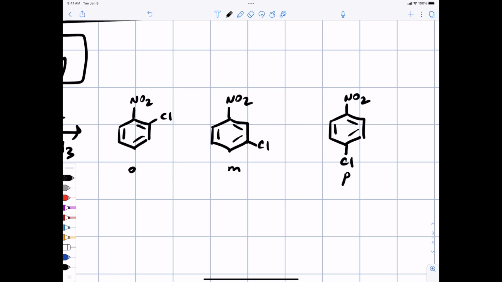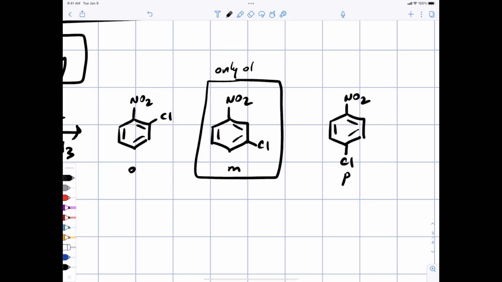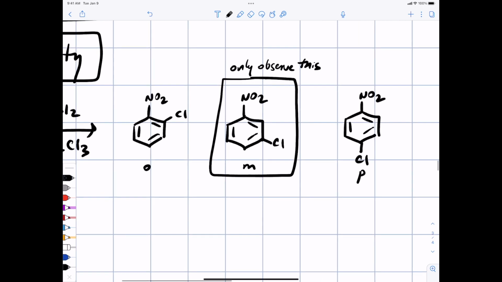Of these three options, we only observe for this reaction the meta product. Okay?